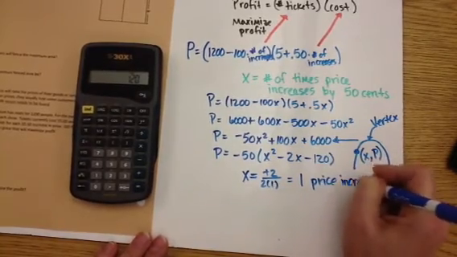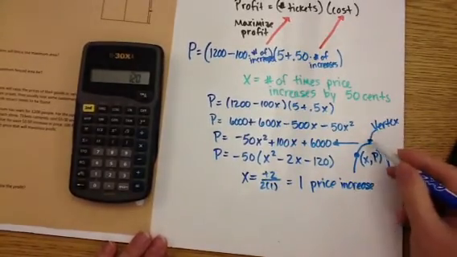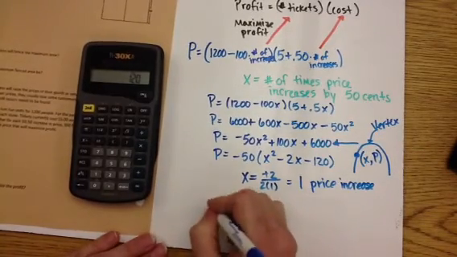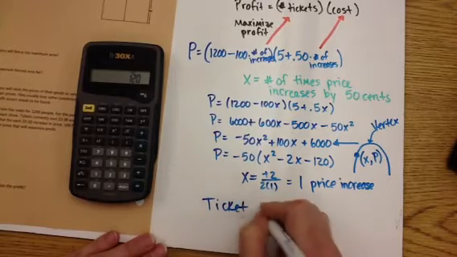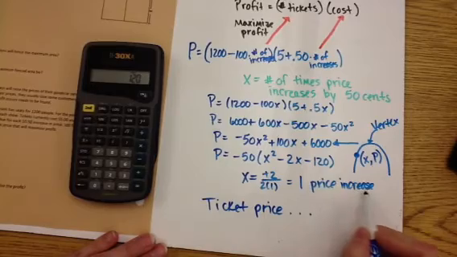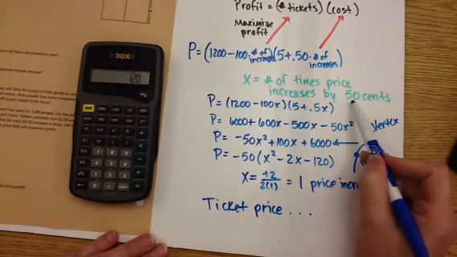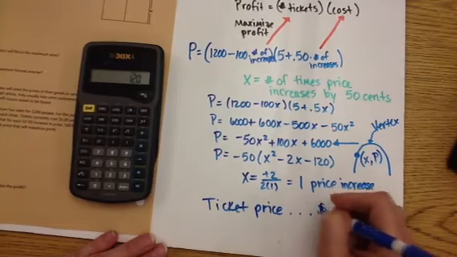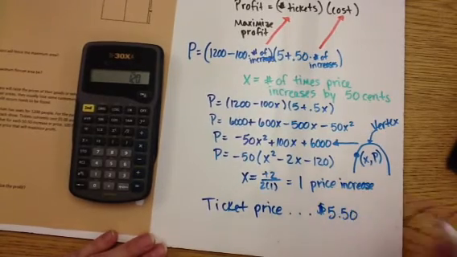One price increase is going to get us to the vertex, which will be our maximum profit. So the ticket price that will give us the maximum profit is one price increase of 50 cents. And originally our tickets were $5, so our new ticket price is going to be $5.50.